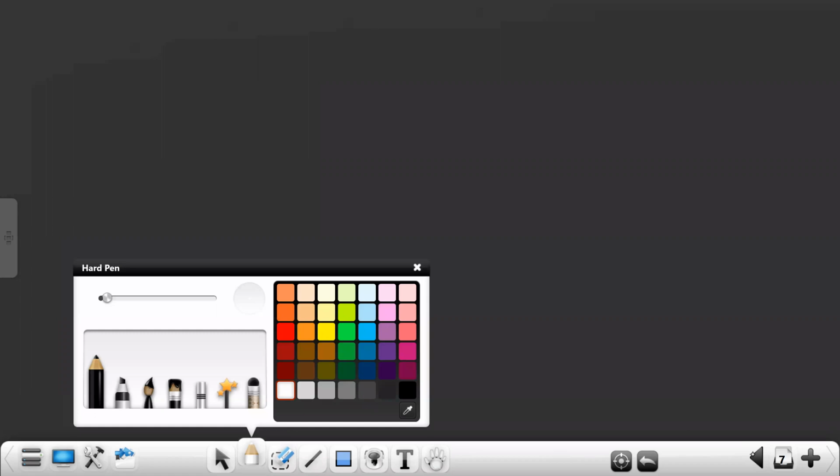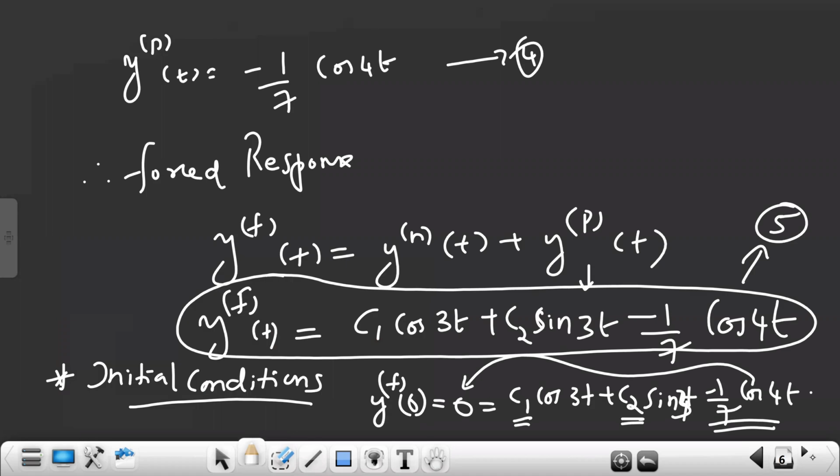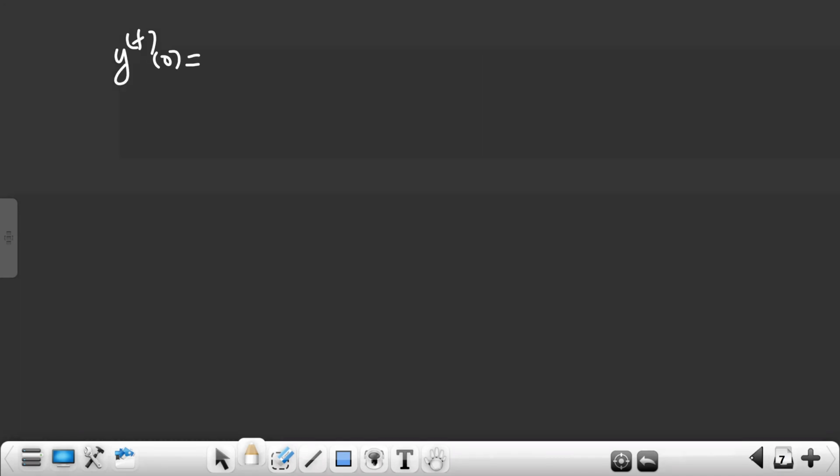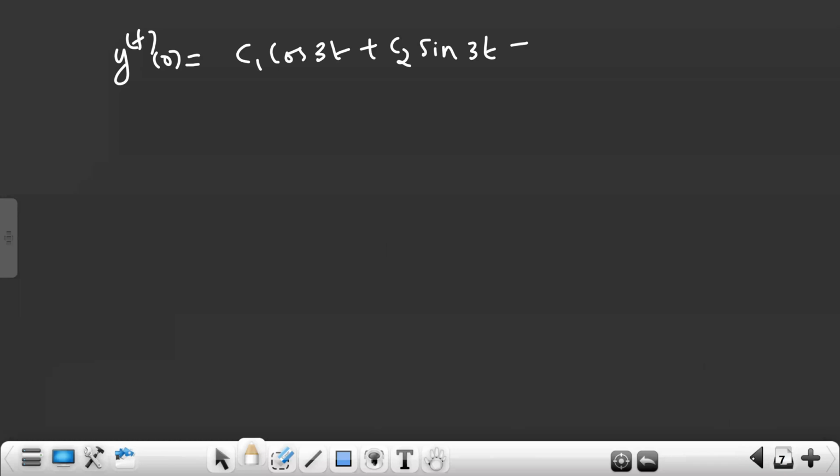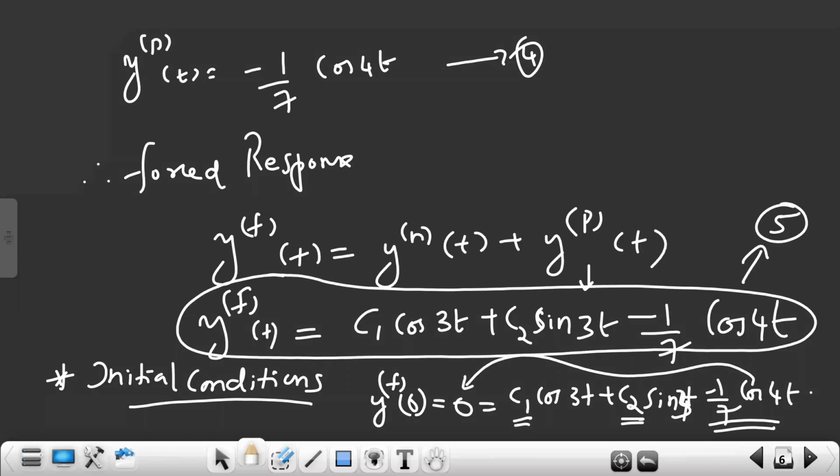That was sine actually. So yf of 0 is equal to C1 cos 3t plus C2 sin 3t minus 1 by 7 cos 4t.